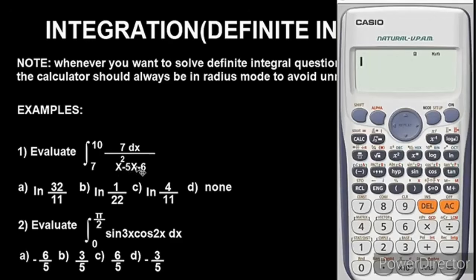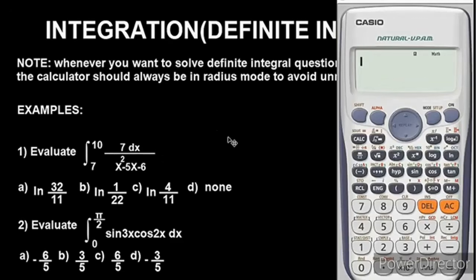So you will need to include function while reading out the question. So that's what this dx is standing for in this question. It stands for function. So don't be confused with it.